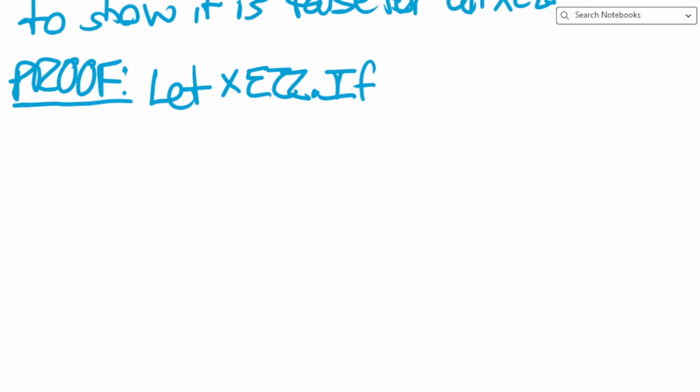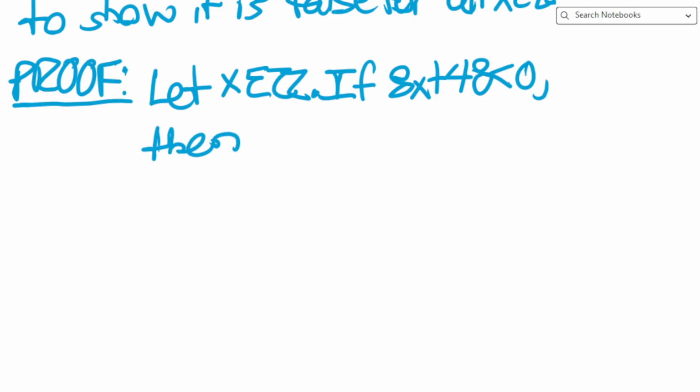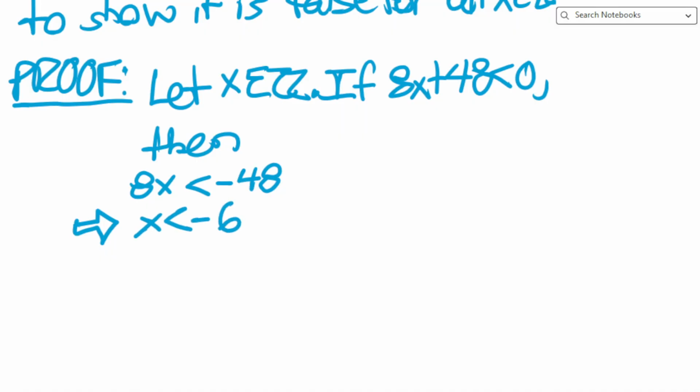So if 8x plus 48 is less than 0, then 8x is less than negative 48. So this implies that x is less than negative 6.